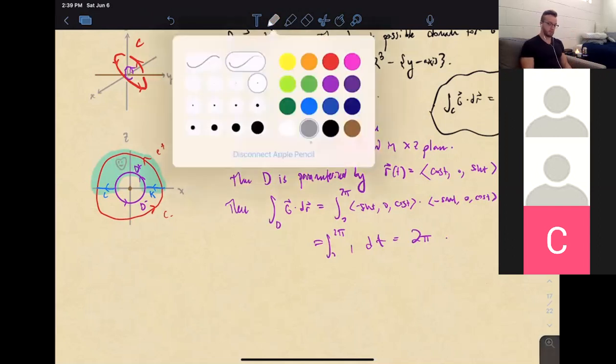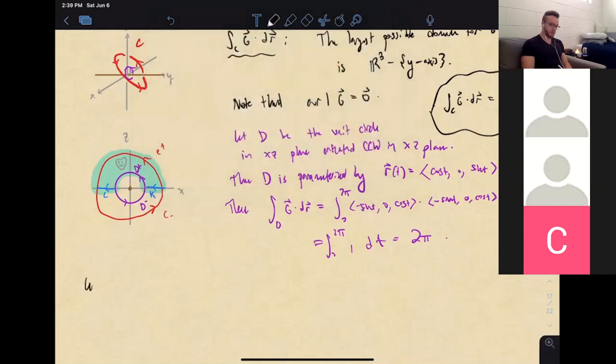Let smiley face be the region in blue, which represents a three-dimensional domain.